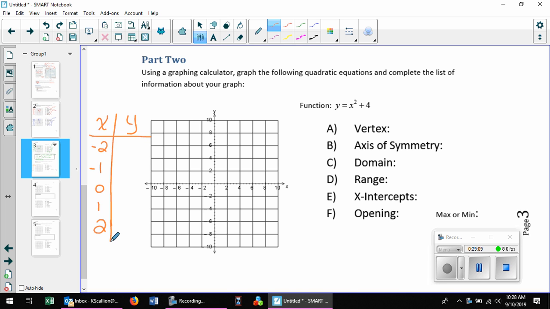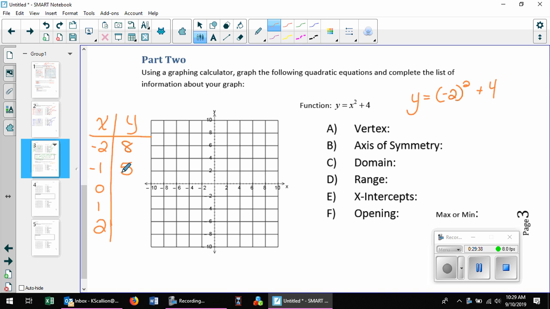Again, very predictable: -2, -1, 0, 1, 2. So now when I substitute it in, we're still going to deal with our exponents first. There's nothing to multiply it by. So -2 squared is 4, and then I'm going to add 4 to it. 8. -1 squared is 1 plus 4, 5.